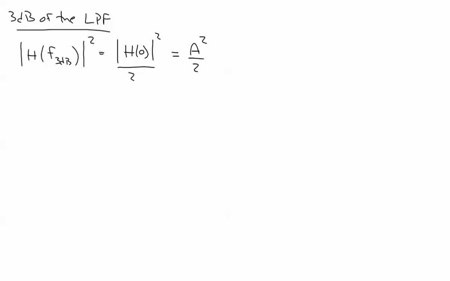3 dB bandwidth of my low-pass filter. The way we get access to that is we look at our transfer function evaluated at my 3 dB point. I set the modulus squared of my transfer function evaluated at the 3 dB frequency equal to the modulus squared of the transfer function at DC divided by 2. That's the half power, and this equals A squared over 2.